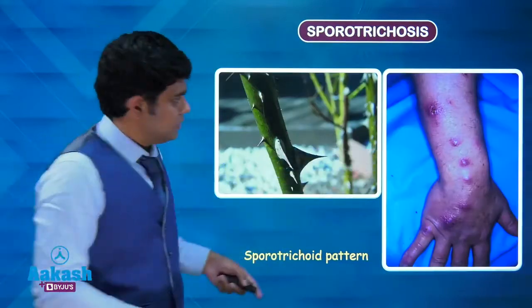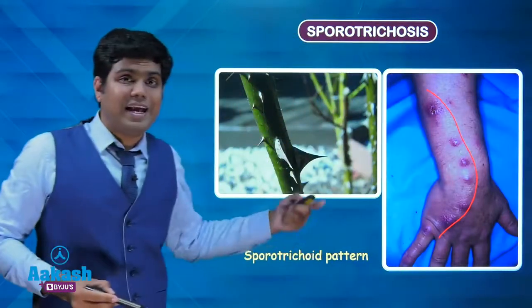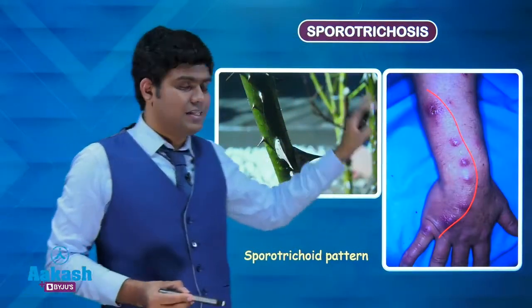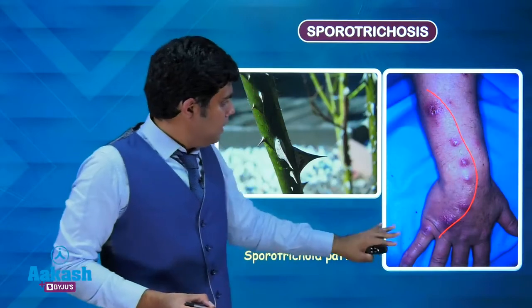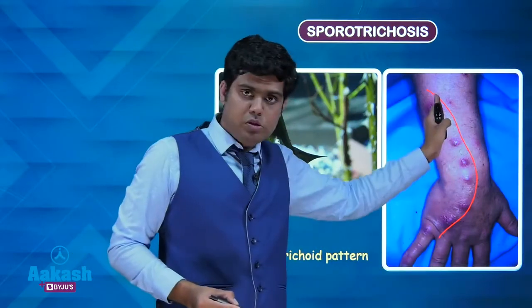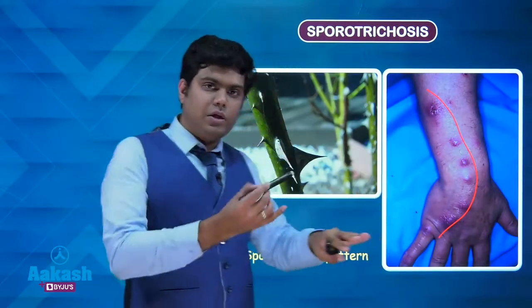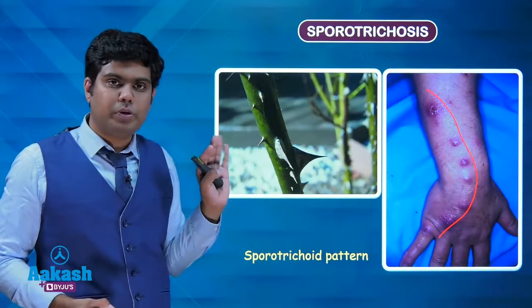What is this? This is a beautiful pattern of sporotrichosis, sporotrichoid pattern. So sporotrichosis, another subcutaneous mycosis. So you can see lymphatic spread, linear arrangement of nodules on the skin. This is following lymphatic spread in the extremity caused by thorn prick commonly.